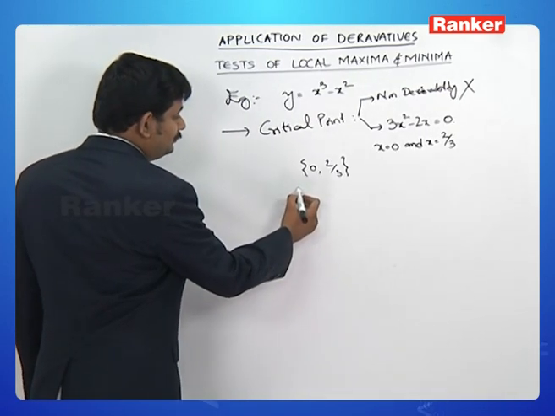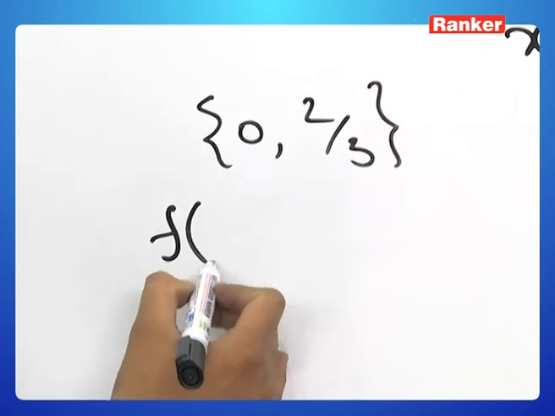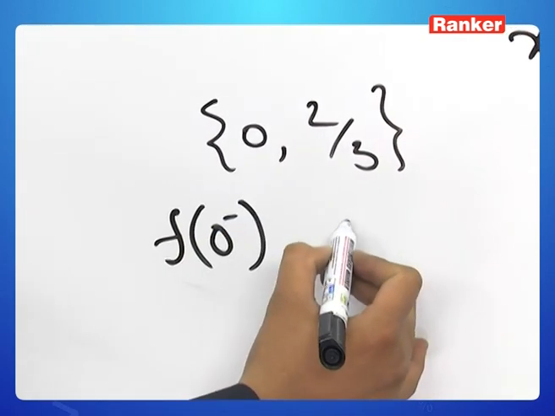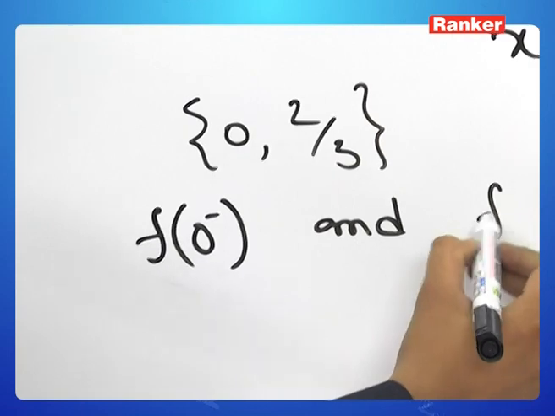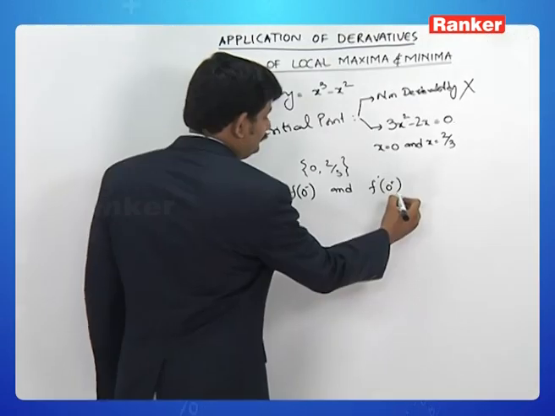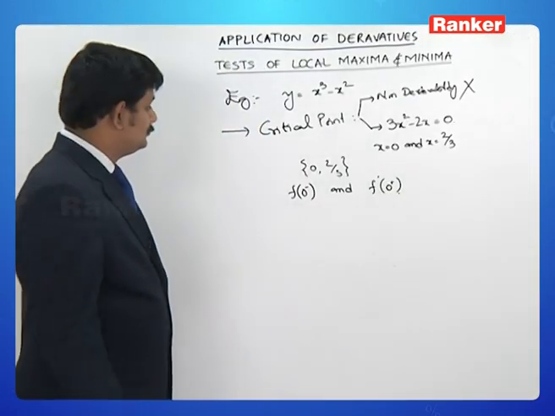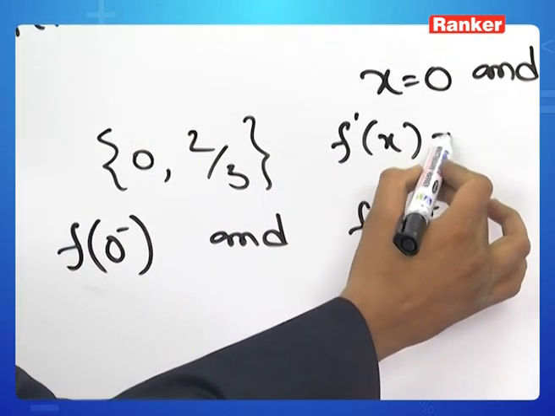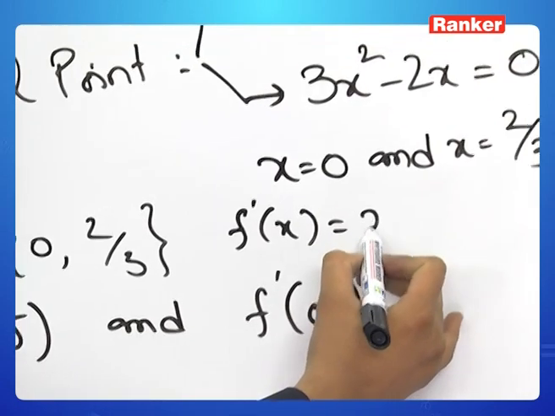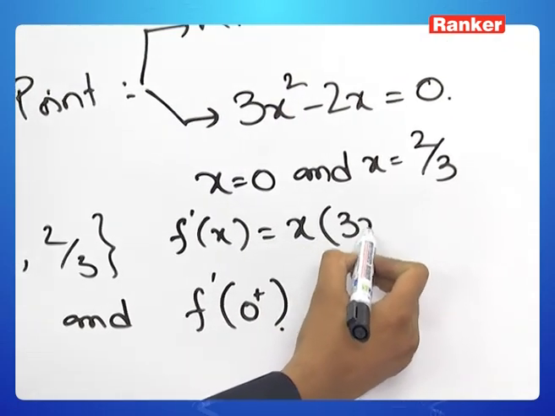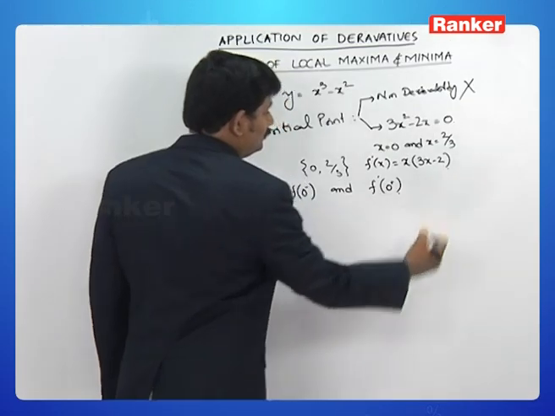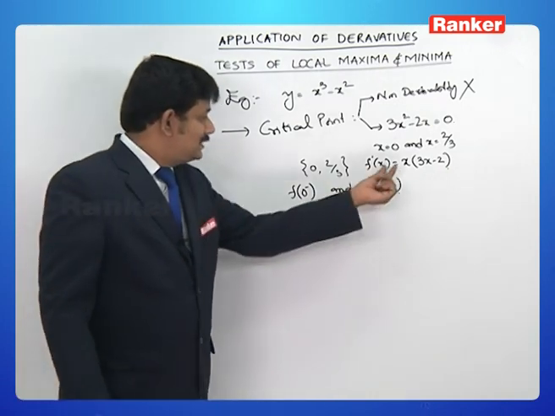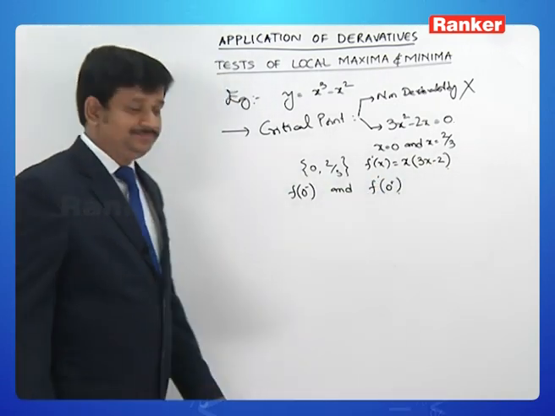At 0, let us focus on f dash of 0 minus and f dash of 0 plus. f dash of x is what? 3x square minus 2x, x we can take common, so f dash of x is x into 3x minus 2.